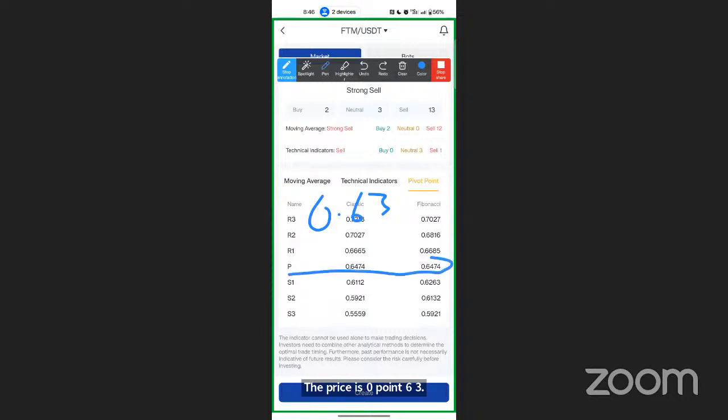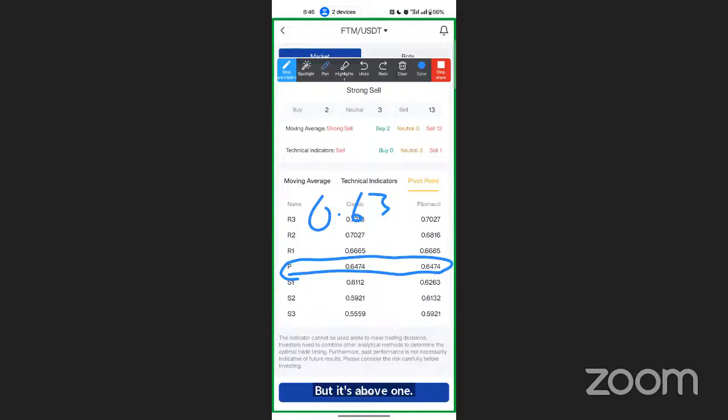Is it below the pivot? It is below the pivot, but it is above support 1. Am I clear? Can we see that? It is below the pivot, but it's above support 1.